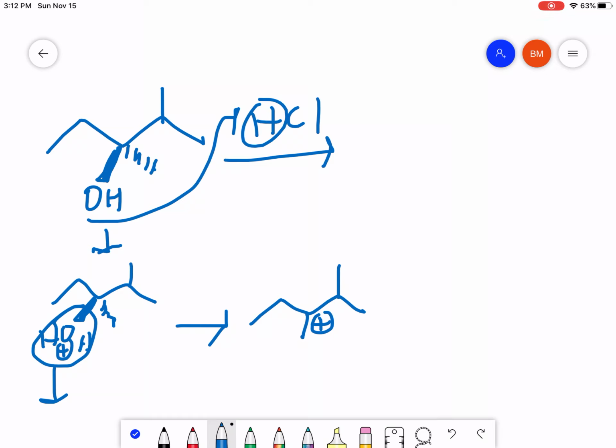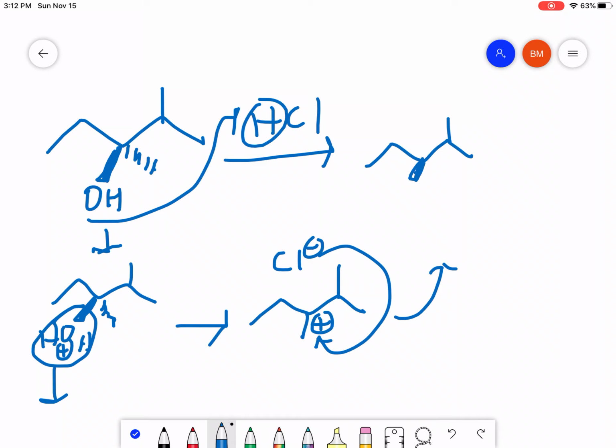That means that Cl minus, when it attacks here, it can attack from the front side, or it can attack from the back side with equal success. And that means that we're going to get a mixture of stereoisomers, just like we did in the previous chapter, chapter 7.